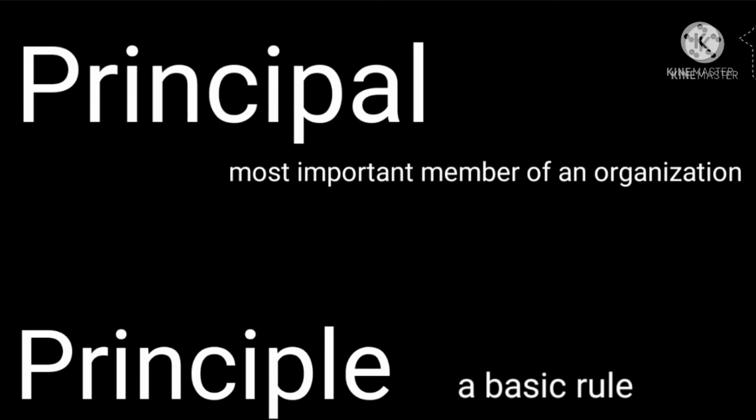Or whenever we go to a party, we always follow good discipline. It means we are following the particular principles taught to us by our parents. So in that way, manners also fall under principle. Basic rules fall under principle, P-R-I-N-C-I-P-L-E. I hope the difference between P-R-I-N-C-I-P-A-L and P-R-I-N-C-I-P-L-E is clear to you.